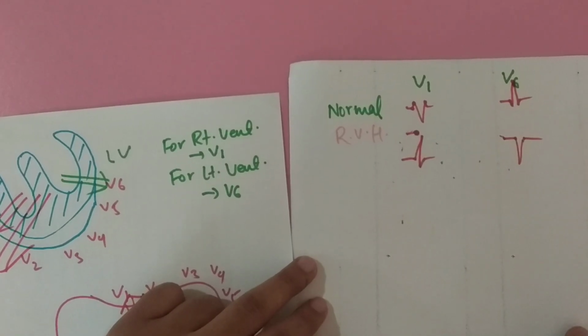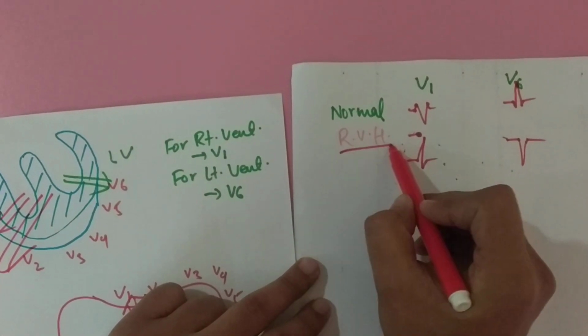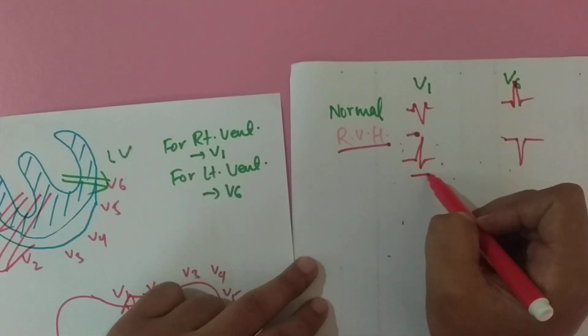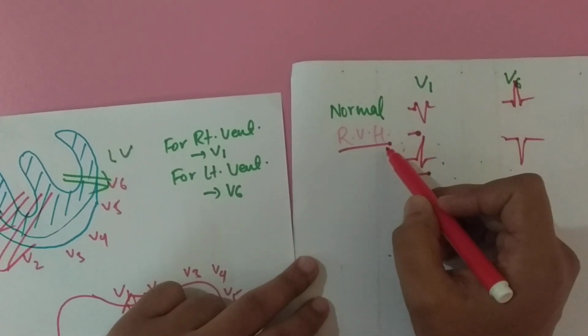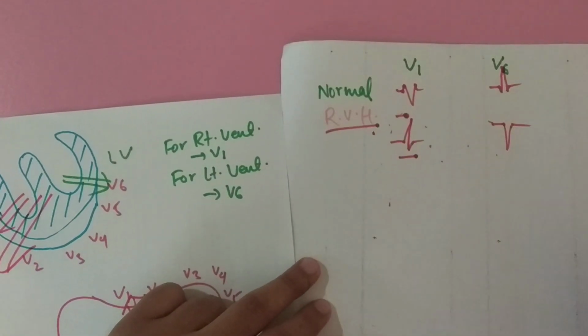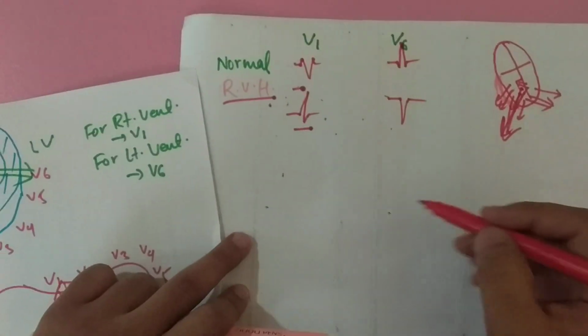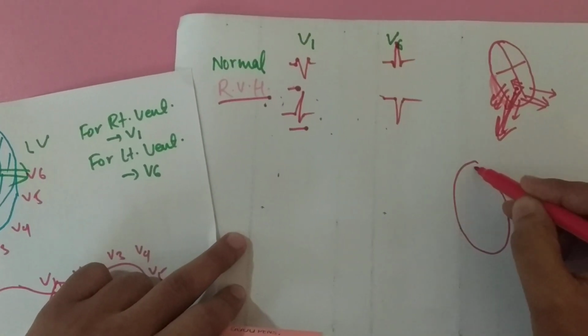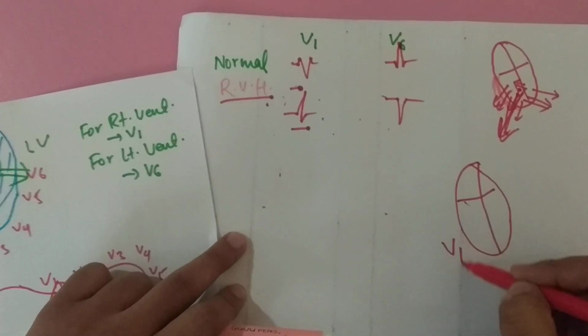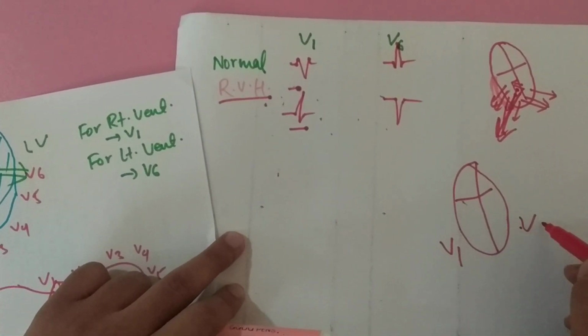So this is the example which you see in right ventricular hypertrophy: positive deflection in V1 in case of RVH and negative in V6. So am I clear? Again let me explain. This is your heart, isn't it? And here we have our V1, and somewhere here it may be lying V6.